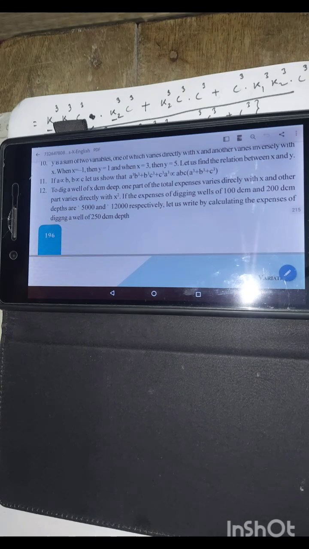Okay, if the expenses of digging wells of 100 decimeter and 200 decimeter depths are 5,000 and 12,000 respectively, let us write by calculating the expenses of digging a well of 250 centimeter depth. Okay.